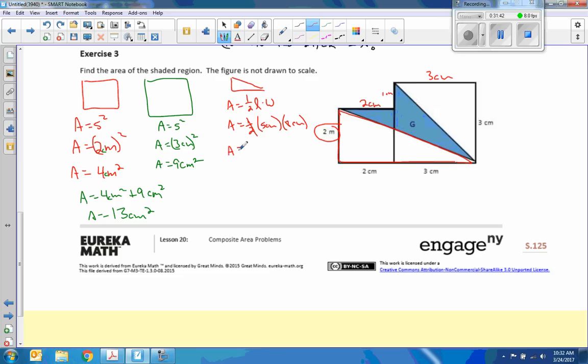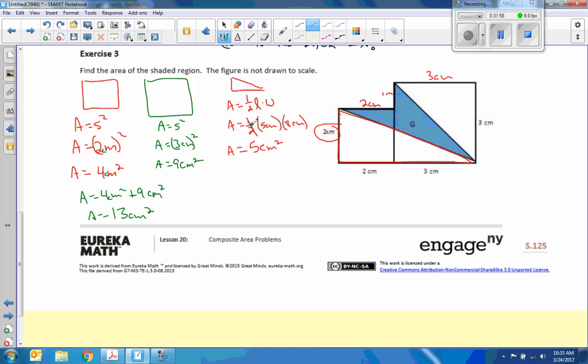So the area equals 5 centimeters squared. Oh, I see why I wrote that. There's a misprint. This is 3 centimeters. That said 2 meters. That is impossible, by the way. It's a misprint. That's centimeters. All right, so A equals 5 centimeters squared.